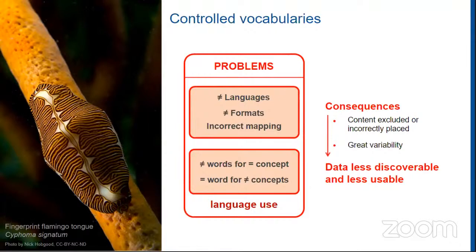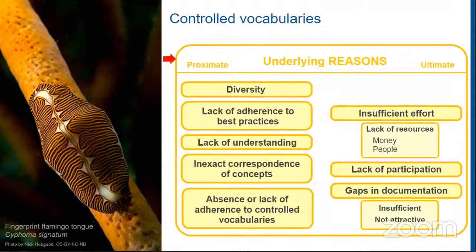Now, for these problems, we can identify several reasons that we can divide into proximate and ultimate. And among the proximate reasons is diversity. And this means diversity of people, diversity of experience.